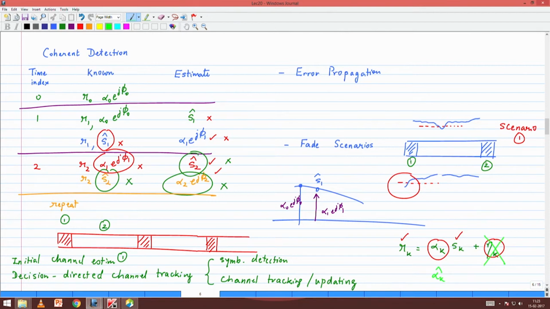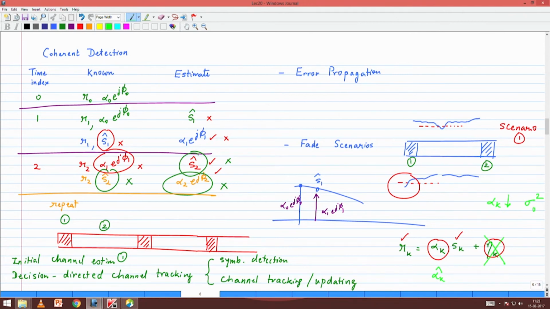Now what happens when you are in a fade? Alpha k becomes very small, but the channel noise, which is controlled by sigma naught squared, has not changed. So therefore your signal to noise ratio is very poor. So where will it affect? It will basically affect your estimate of alpha k, because you are ignoring the noise, but really the noise is a very significant component.